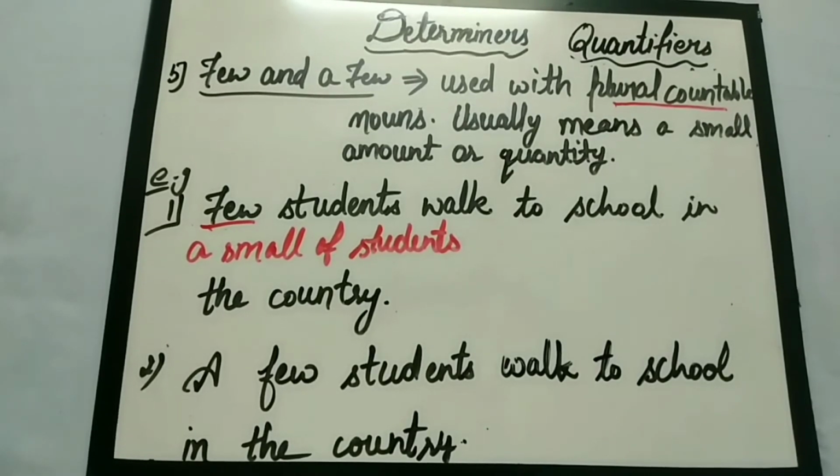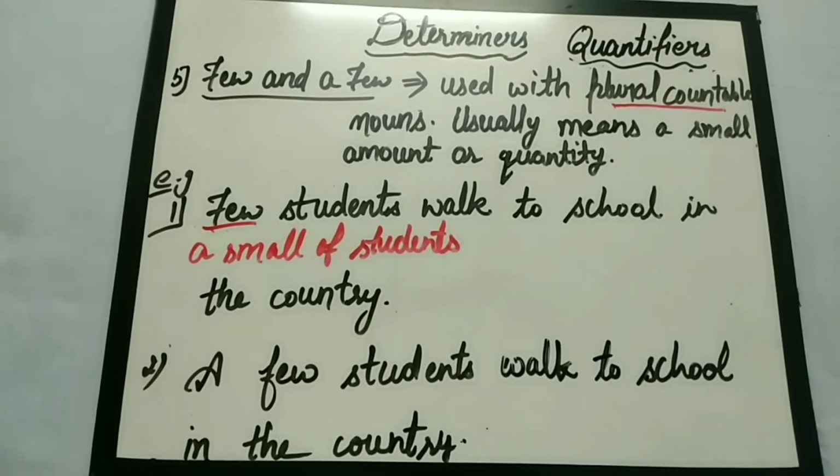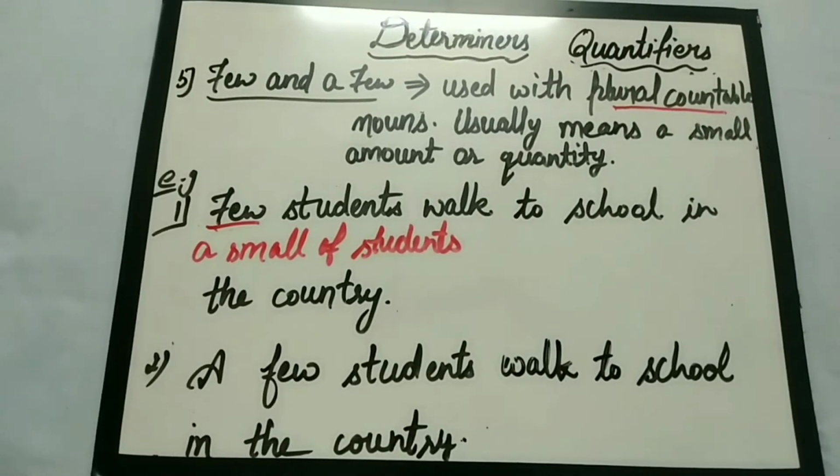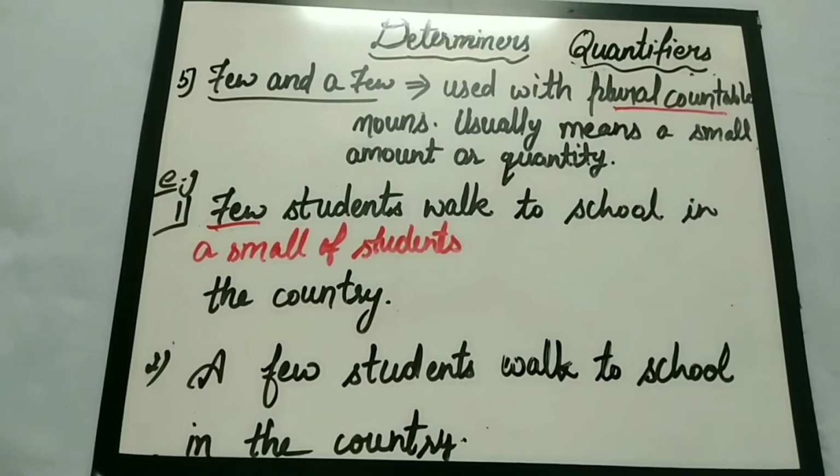And in number 2, a few students walk to school in the country, the emphasis is that there is a small amount of students that actually walk to school, but there are at least some students that walk.